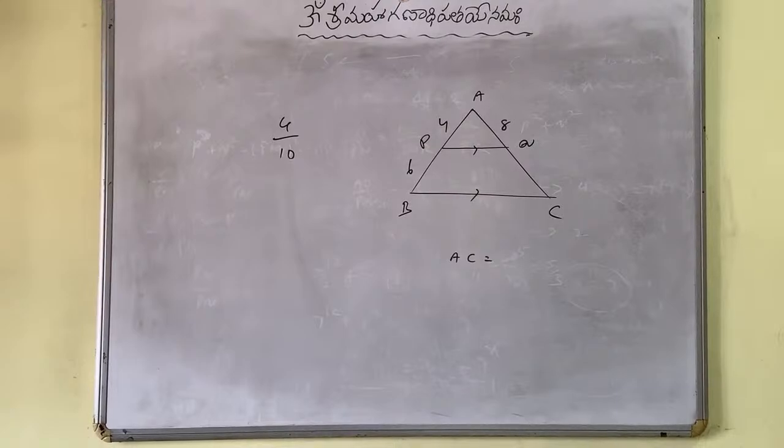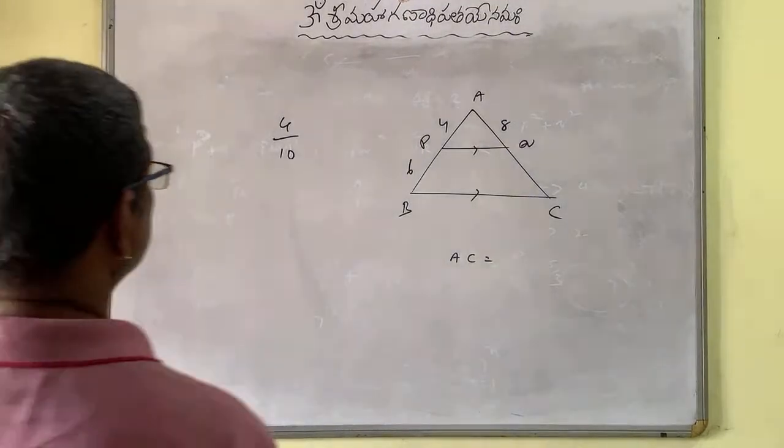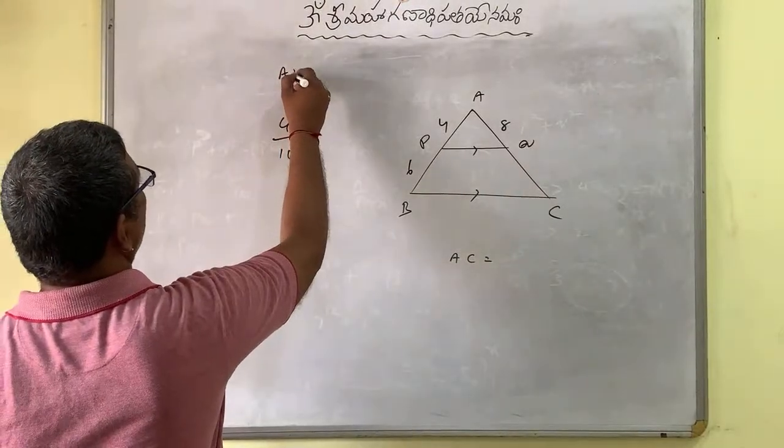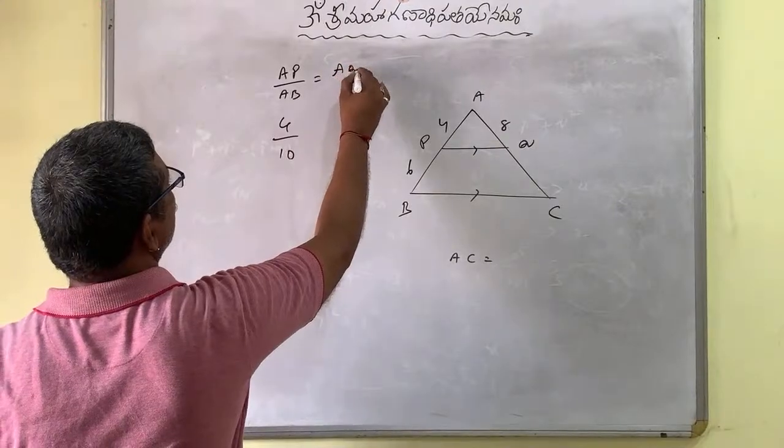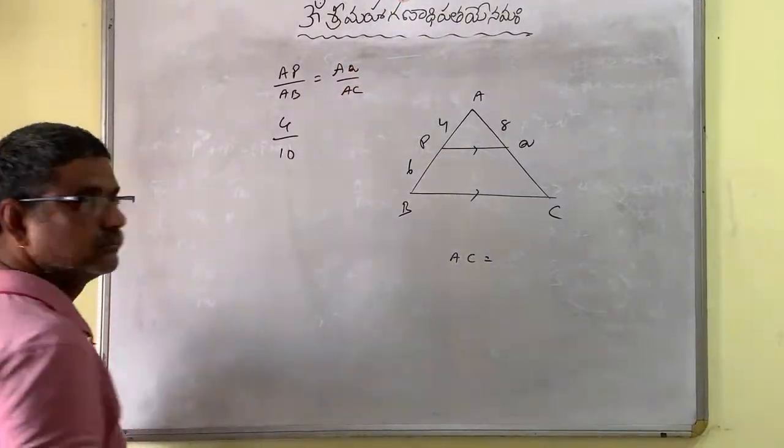What will you say, 4 by 6 or 4 by 10? You need to take the corollary of basic proportionality. AP by AB is equal to AQ by AC.